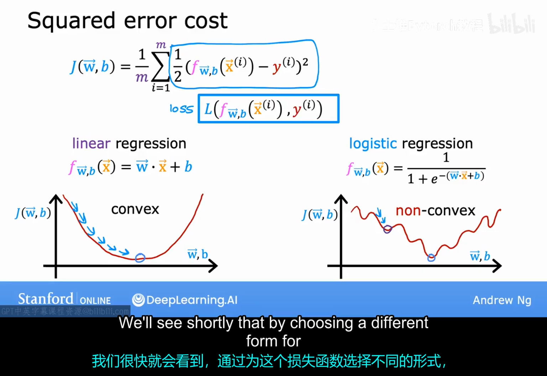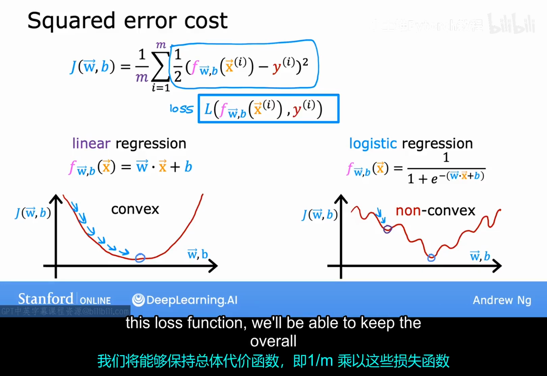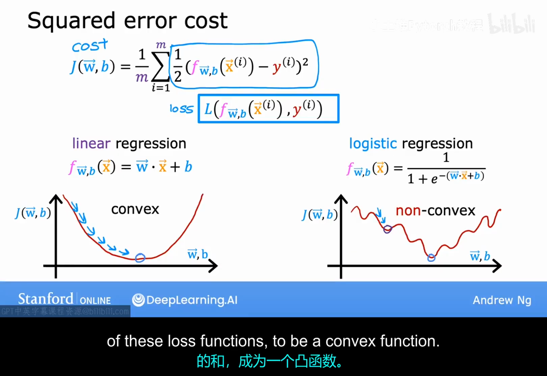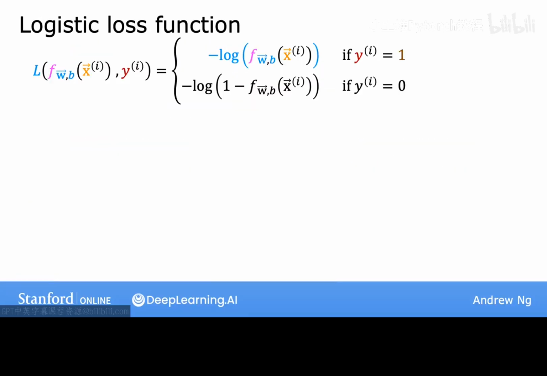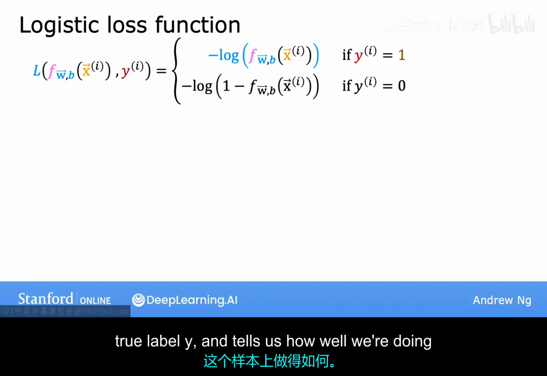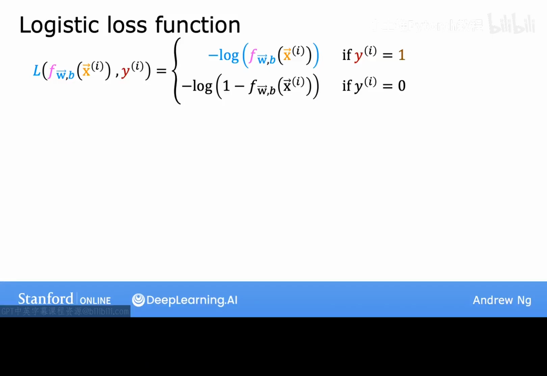We'll see shortly that by choosing a different form for this loss function, we'll be able to keep the overall cost function, which is 1 over m times the sum of these loss functions, to be a convex function. Now, the loss function inputs f of x and the true label y, and tells us how well we're doing on that example.